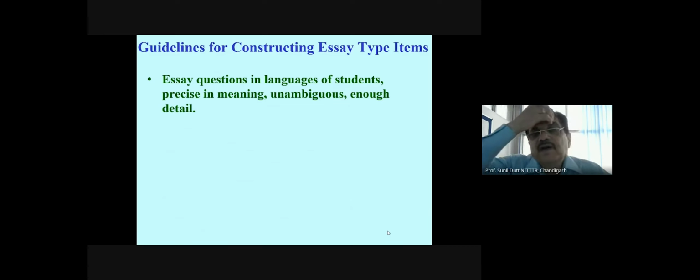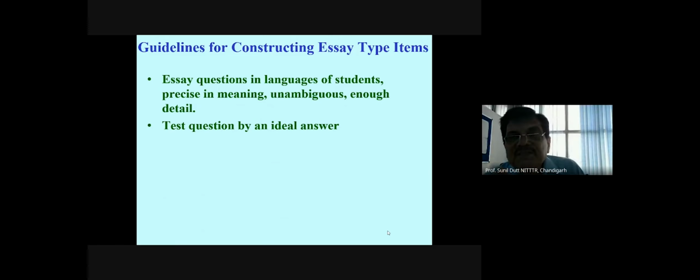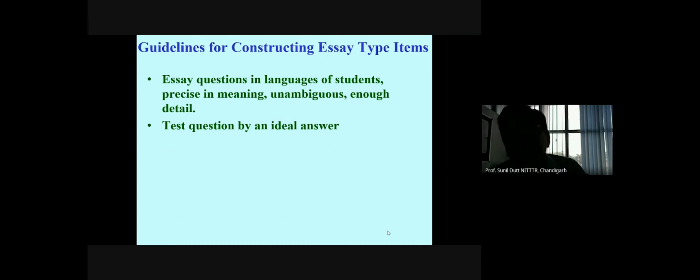So I would advise all my colleagues to discuss previous year's question paper before the end of the semester, so that the students are aware about the terminology used in the question paper. Enumerate, elucidate. So what do you mean by elucidate? Then, as a paper setter, you can write an ideal answer of those questions which you have included in a question bank.